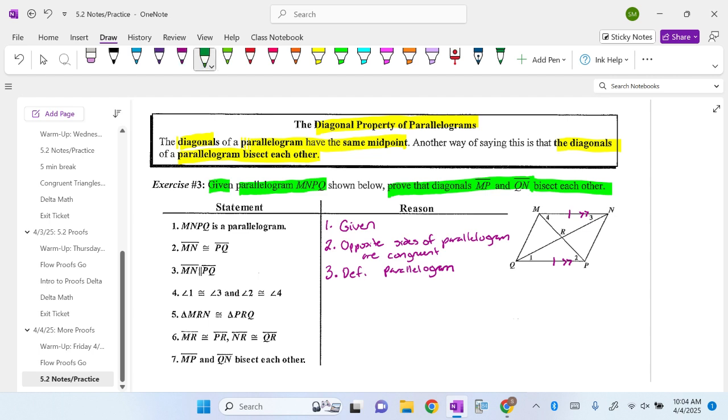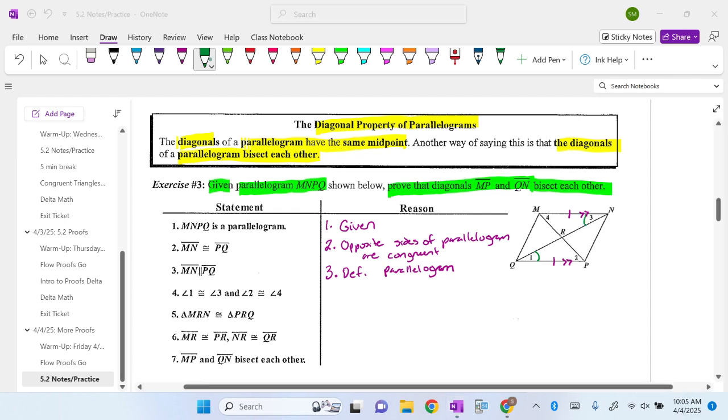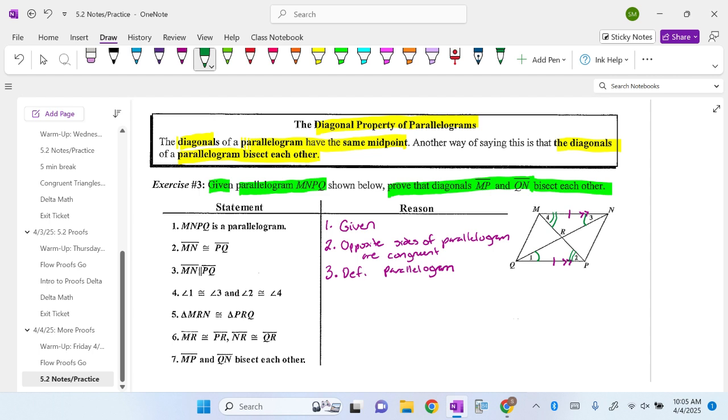From there, we start getting into some congruency. They're saying that angle 1 is congruent to angle 3, and angle 2 is congruent to angle 4. And I could say that because of what reason? Alternate interior angles.